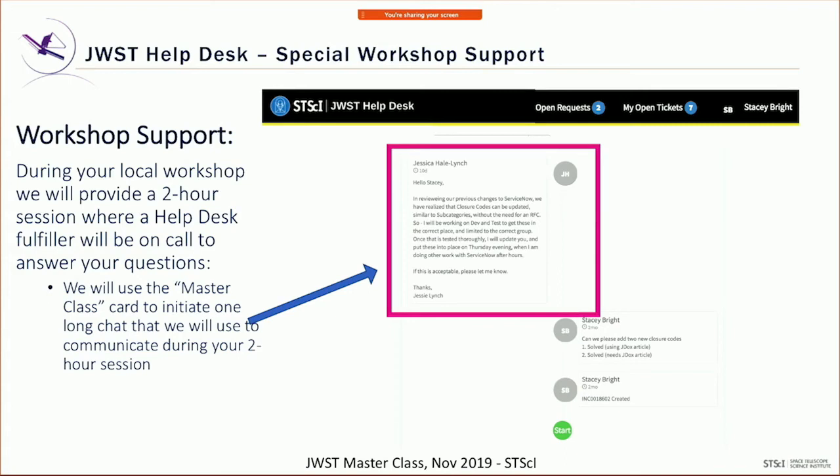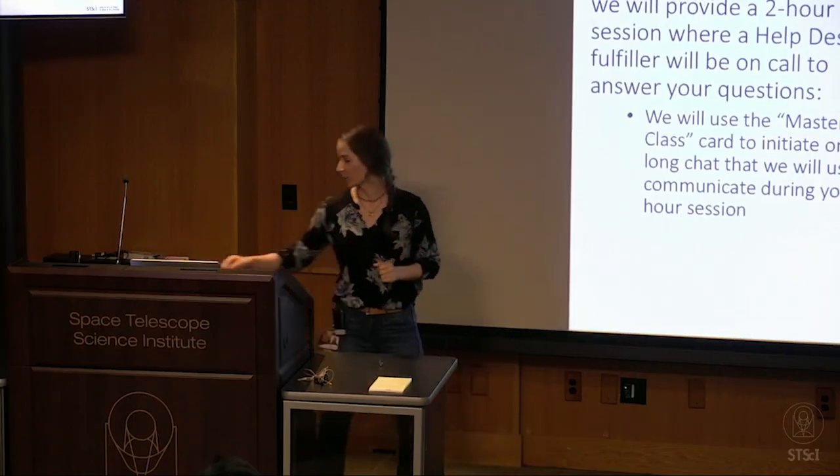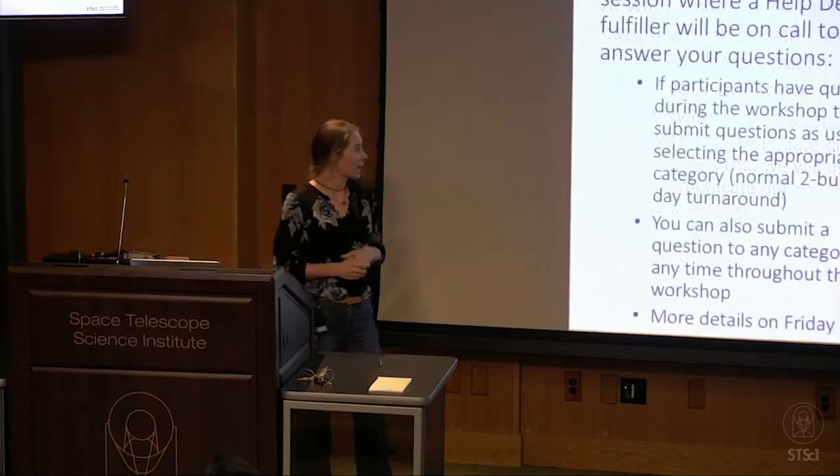At this time, someone will be there live, and we'll be talking with you in there, and we will be able to answer the main general questions that you have. If you have really specific questions that maybe only an expert can answer, and the fulfiller who's on there with you can't answer that straight away, then they will help you submit another ticket or get to the right person to answer that question. But we'll have that support there for you.